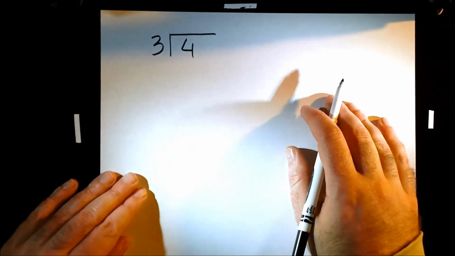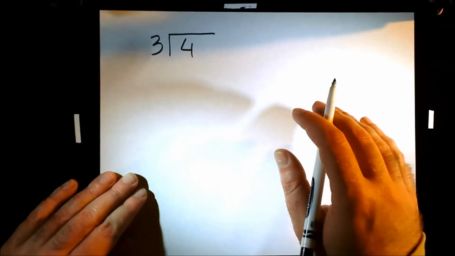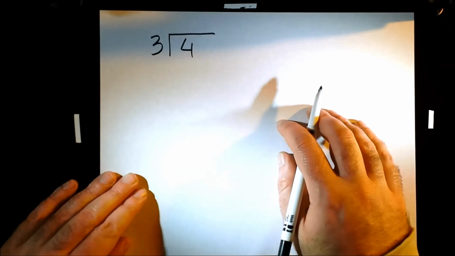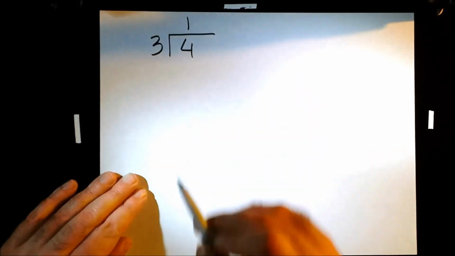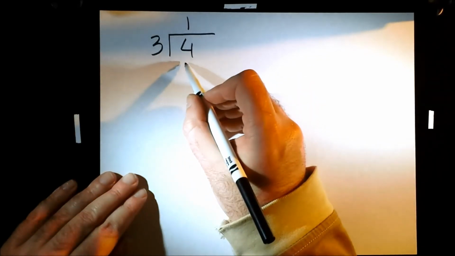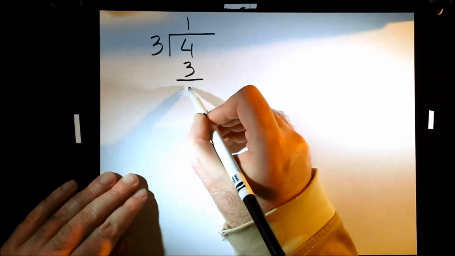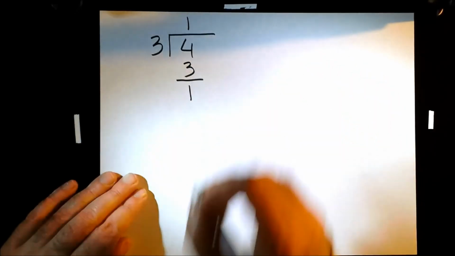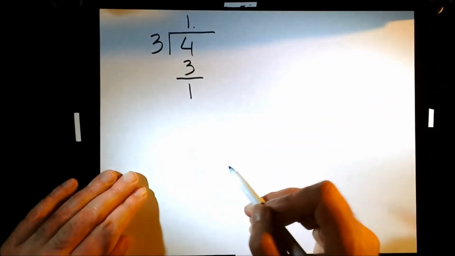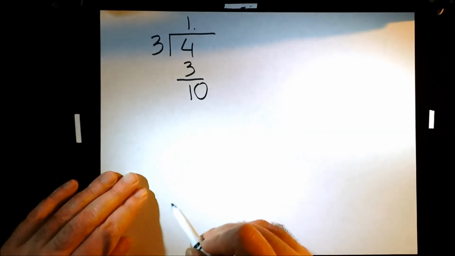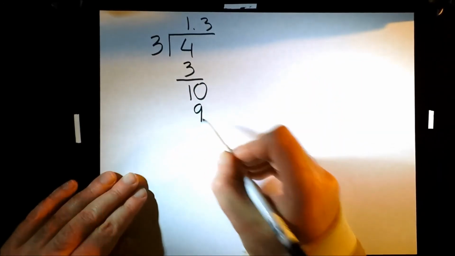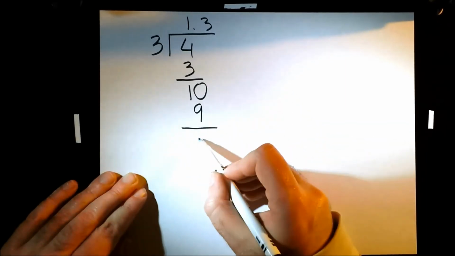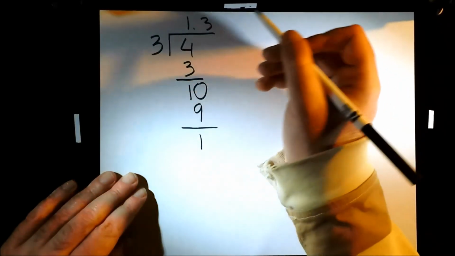Okay, how many times does 3 go into 4? Once. Point. How many times does 3 go into 10? 3. 1 left.